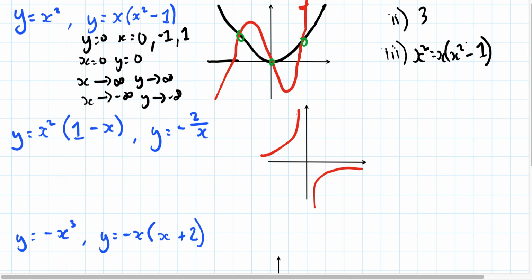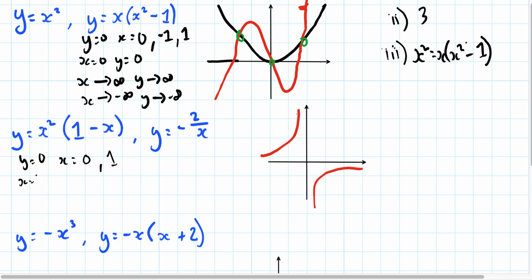Okay, so first up, when y equals 0, x equals 0, and x equals 1. Yeah, 1 minus x equals 0, so therefore x equals 1. And that's it for that.